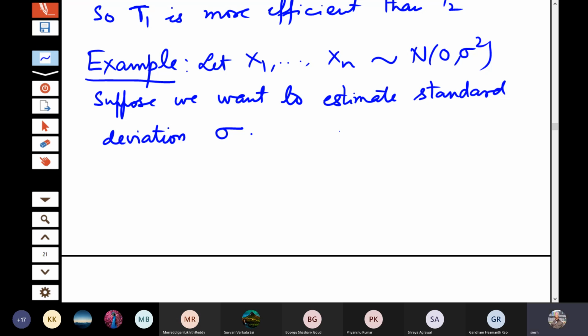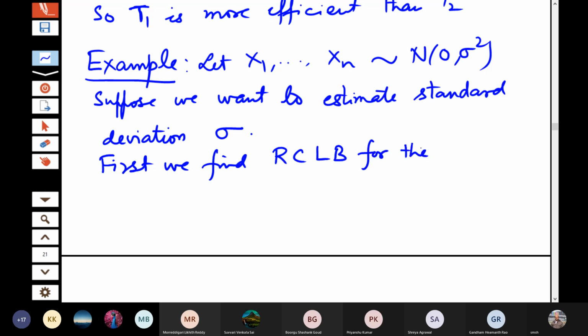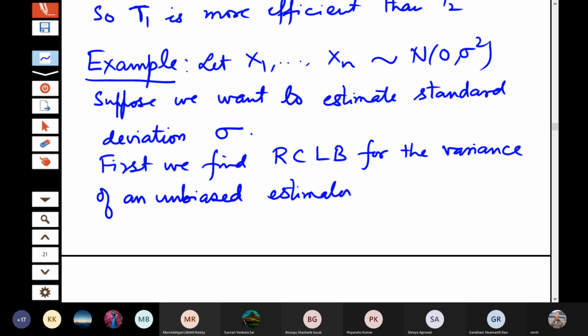First of all, let us look at the RCLB. Although we have calculated it for sigma square, that was for normal 0, sigma square.